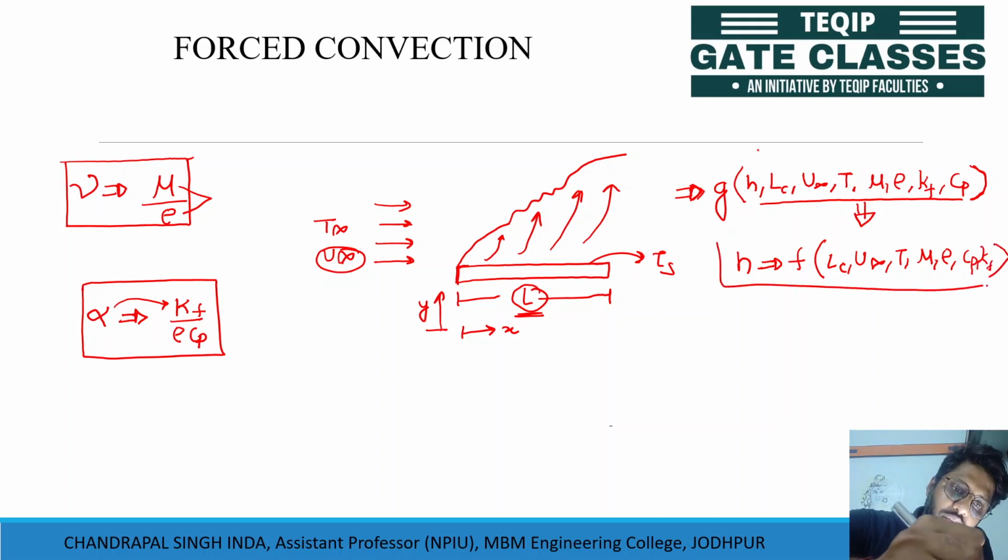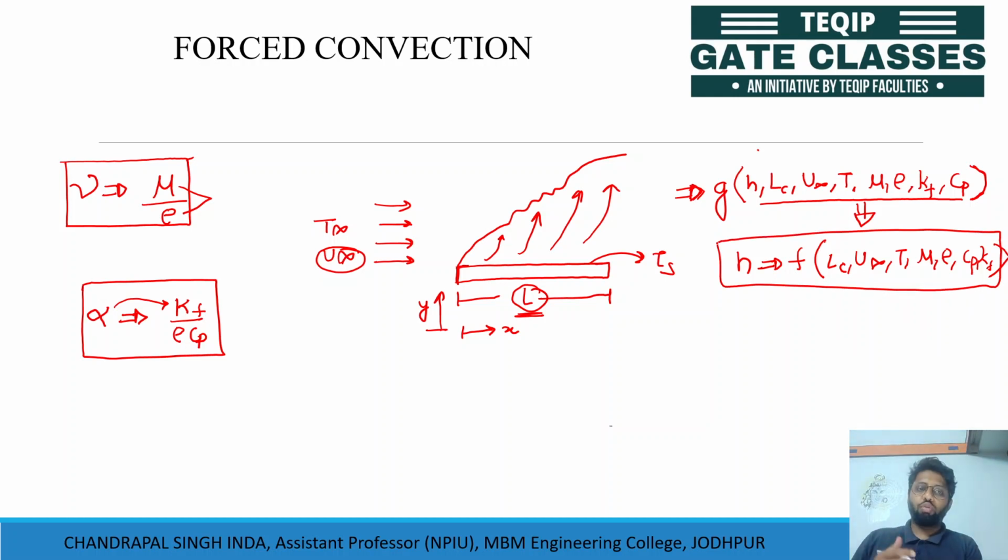This represents that the convective heat transfer coefficient depends upon these physical quantities. As we said earlier, the convective heat transfer coefficient is a parameter, not a property of the fluid, so it depends upon the physical properties. So h is a function of these physical quantities.